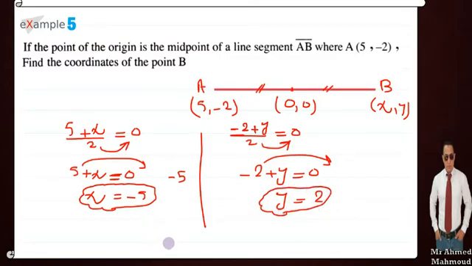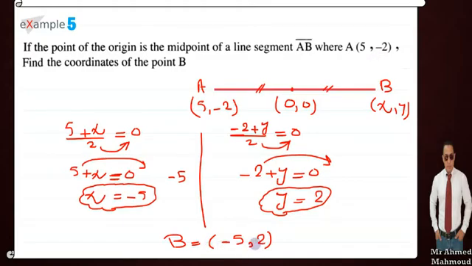Then B equals negative 5 and 2. Looking carefully at B and A: A is 5 and negative 2, B is negative 5 and positive 2.